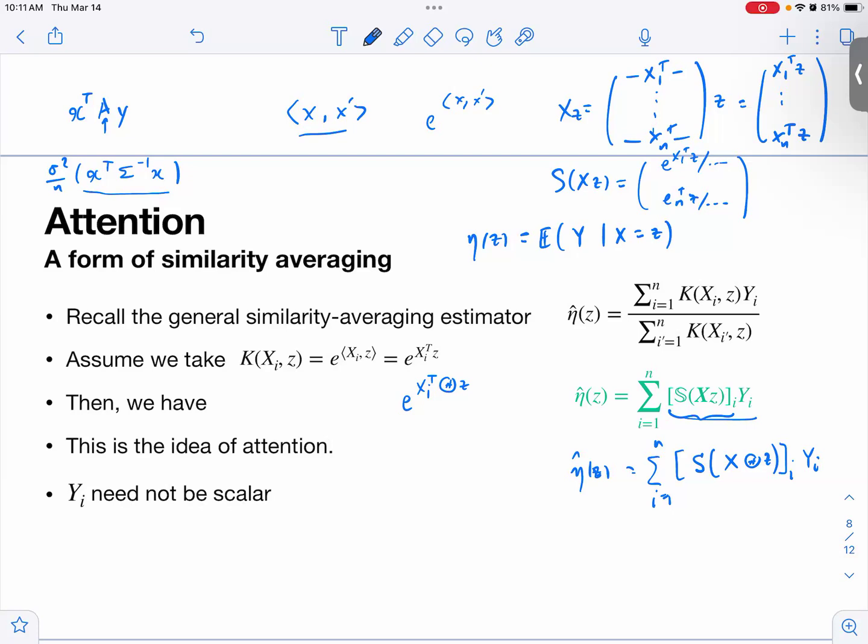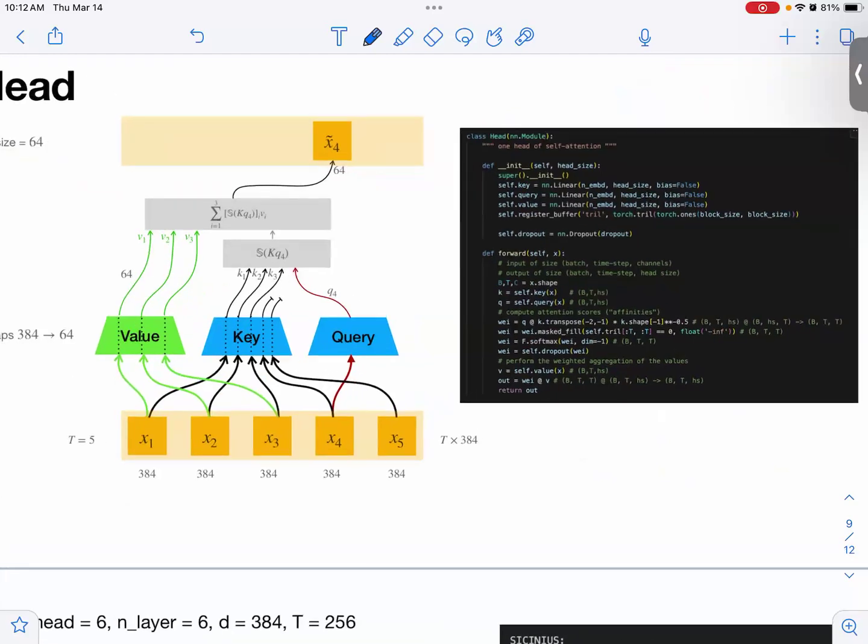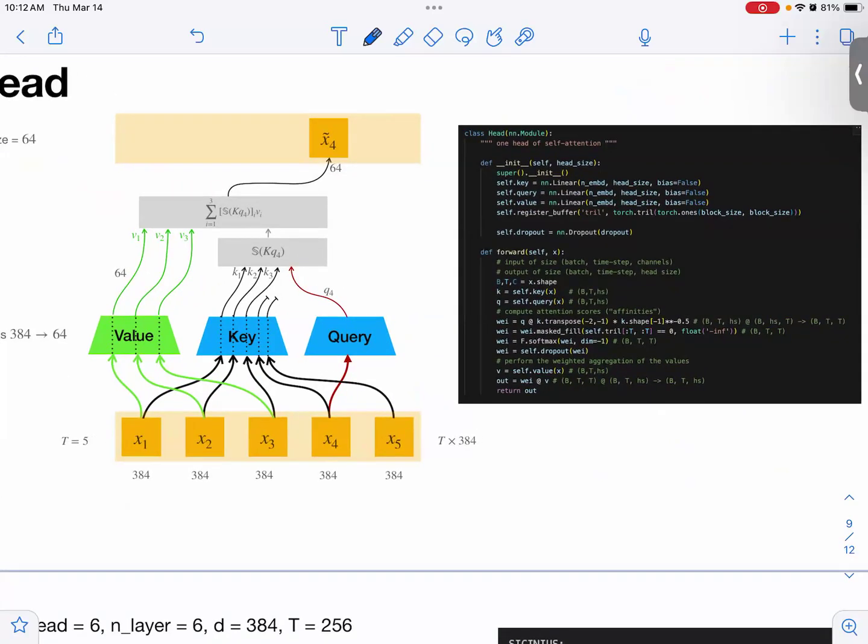Let me show you. Are there any questions about this? So this idea, people remember, and I'm just saying there's a particular way of defining this kernel, and potentially you can add a parameter in between and learn that parameter as well. So this is the heart of this transformer idea.